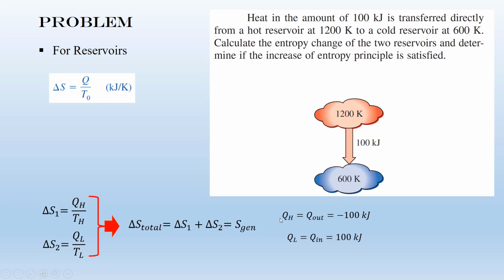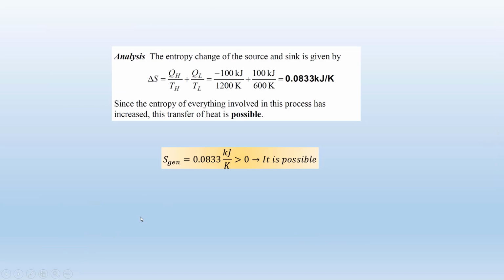So if you use these values for the QH and QL and substitute into this equation, you have the temperature. This temperature must be in Kelvin. They are already in Kelvin. So you are good. What you need to do is just substitute this QH and QL into this equation to calculate the delta S1 and the delta S2, and then eventually the total delta S.